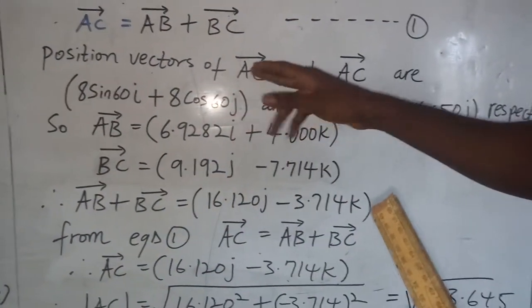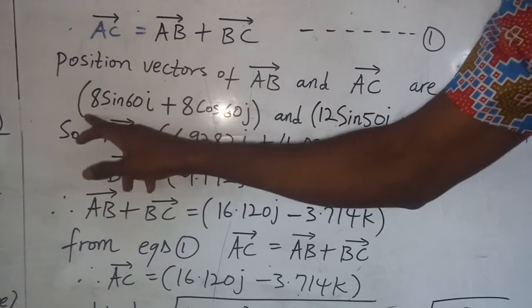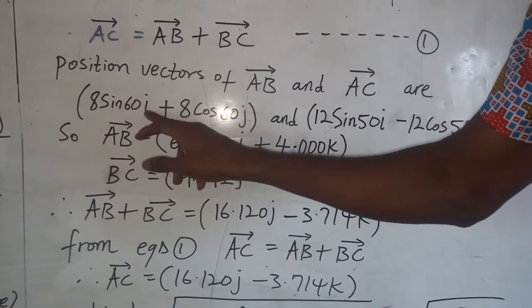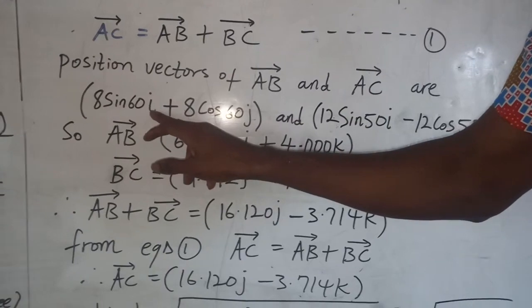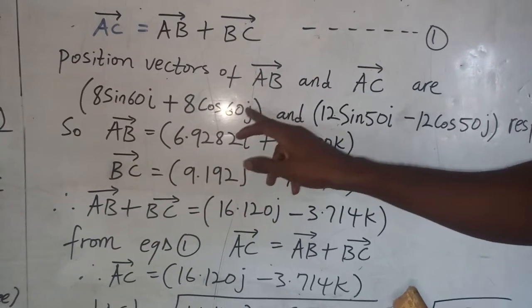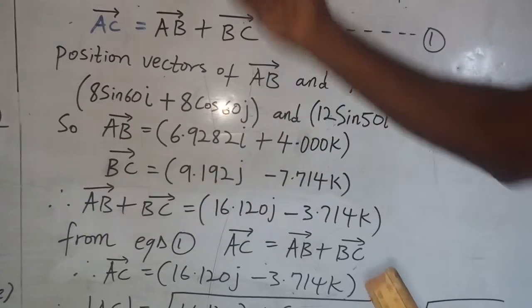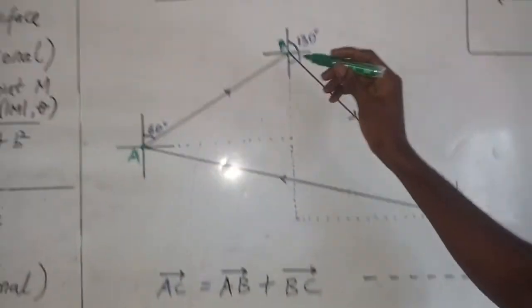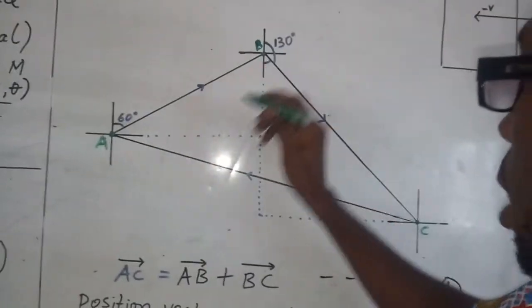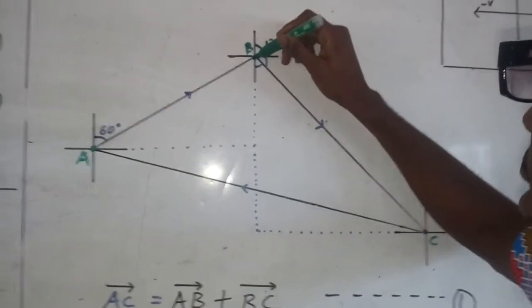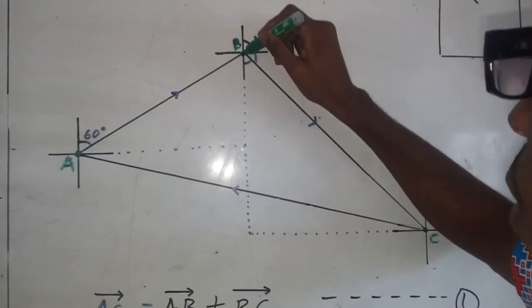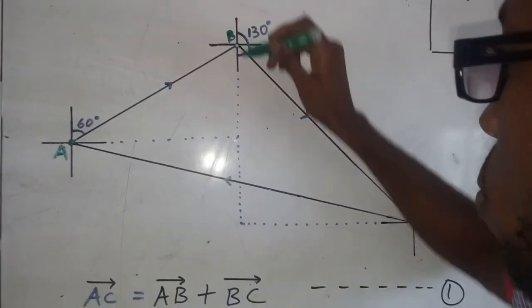The position vector of AB is 8 sine 60 i, that's in the direction of i, the x-axis, and 8 cos 60 j. Let me explain. This is the vector AB, and we are looking for the x dimension and the y dimension.